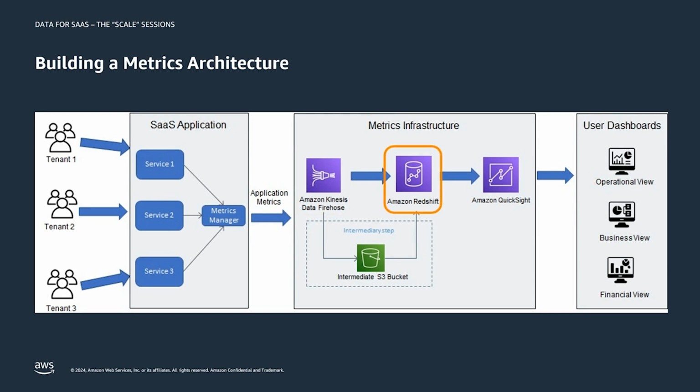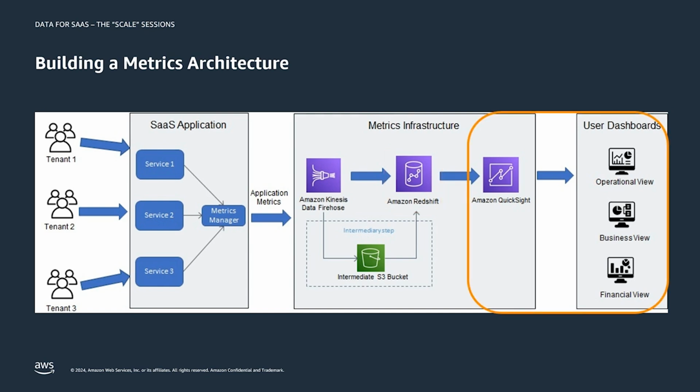Once the data is pushed to the Kinesis Data Firehose, it's then streamed across to Amazon Redshift. Now, Kinesis does this via its direct integration with Redshift, but it first also streams the data to an intermediate S3 bucket. The data is then copied from S3 back into the metrics table within Redshift.